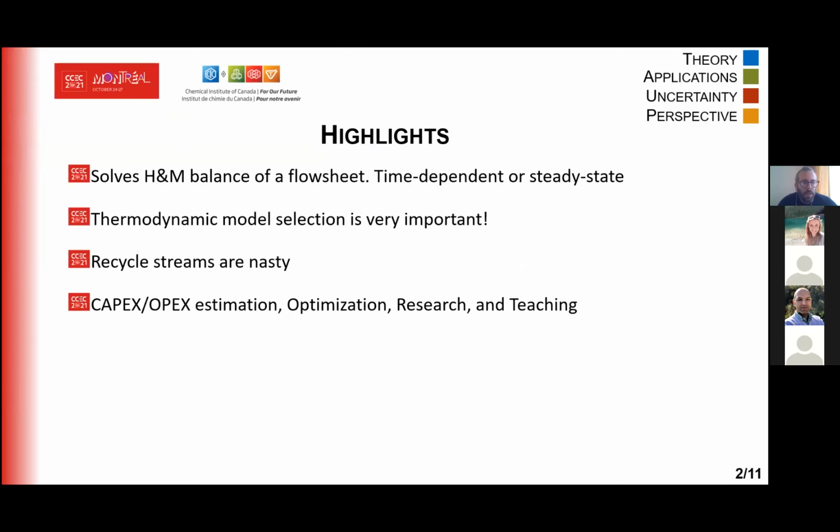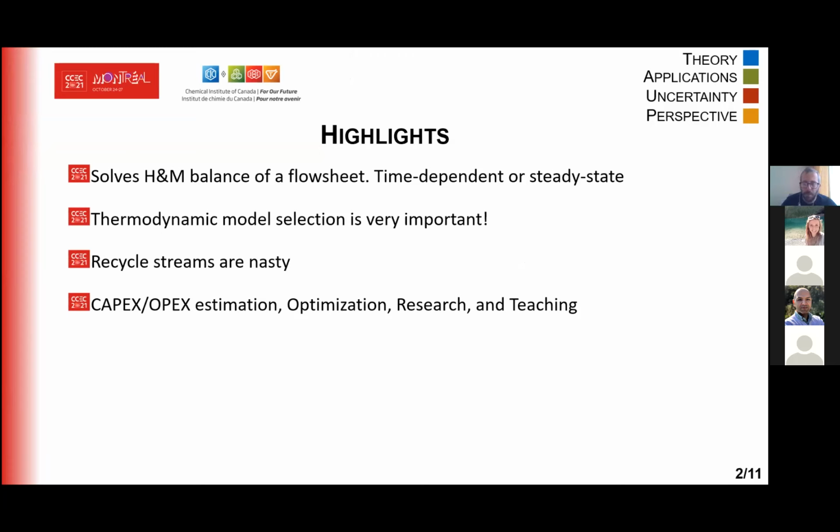So when do we use process simulation? Most of us use it every day to solve enthalpy, energy and mass balances for a single unit operation, or for the whole flow sheet. For steady state simulation, our final results will be time independent.